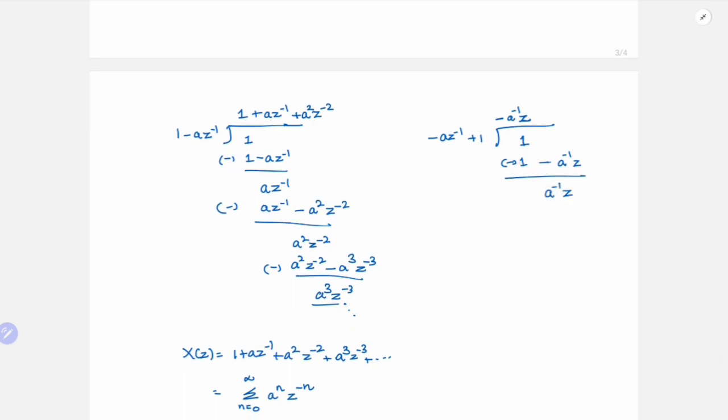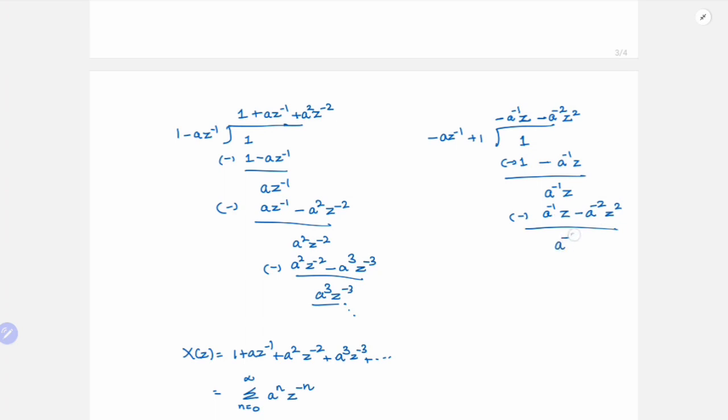1 will go away. And to cancel this a inverse z, what should I do? I should multiply this with something so that I get a inverse z, which is nothing but minus, I need a inverse square and z square. Okay, so then I'll get a inverse z minus this into this will give me a inverse square z square. Again, if I take minus, this term will go away.